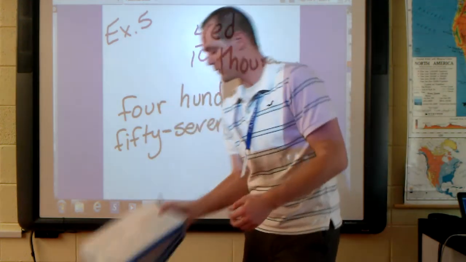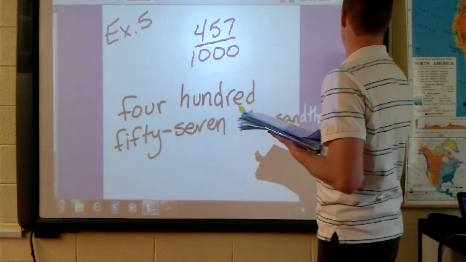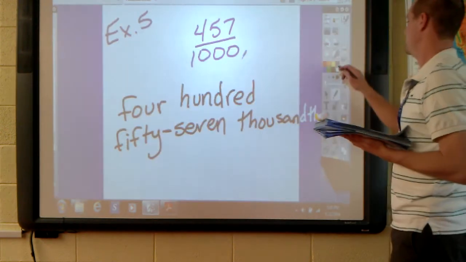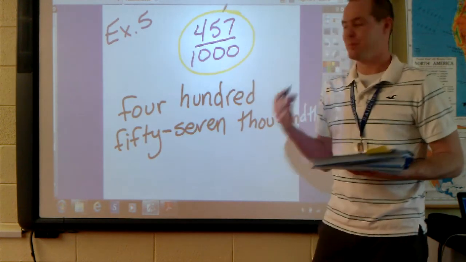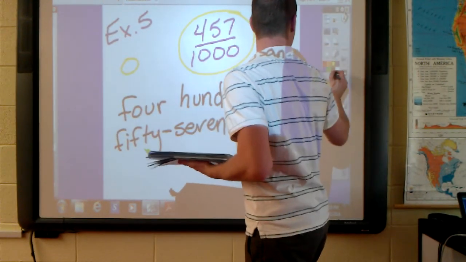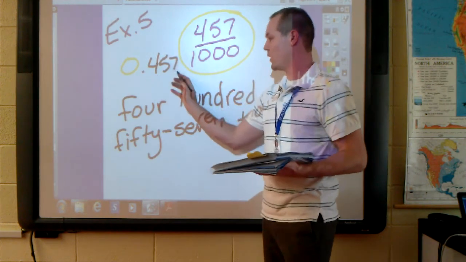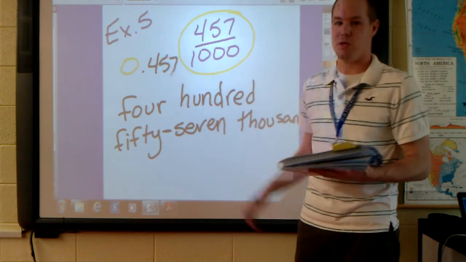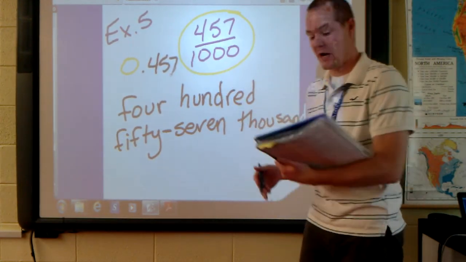And that tells us not only the name of the fraction, but it tells us the name of the decimal too. Okay, 0 and 457 thousandths. You only have to write that down once. You don't have to write it down twice. Okay, this names both the decimal and the fraction.